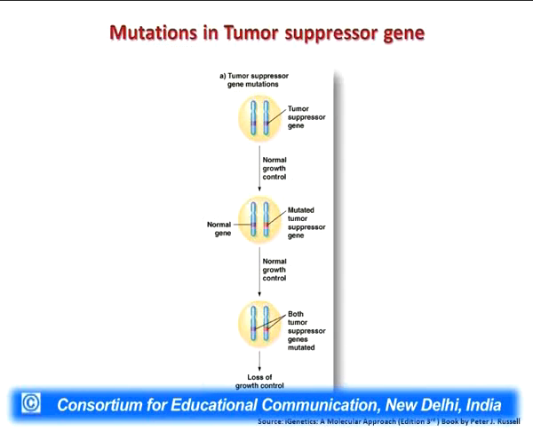Now let's come to the mutation occurring in the tumor suppressor gene. In normal conditions, the tumor suppressor gene forms certain proteins which inhibit cell division whenever there is abnormal growth or DNA damage. When the tumor suppressor gene is mutated, when both alleles present in the human cell get mutated, only then does the cell suffer from the loss of tumor suppressor gene function, and the cells go into uncontrolled growth.